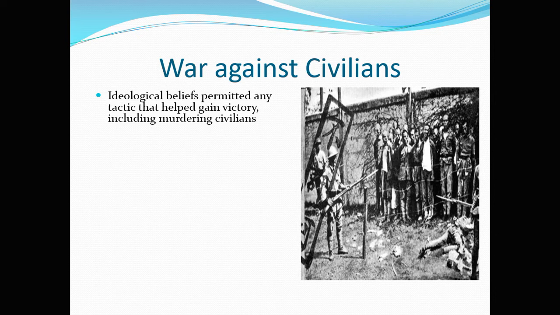From the Nazi point of view in particular, it was permissible to use mass murder of civilians towards gaining victory, and in fact for the Germans, not just gaining victory, but social engineering. The most obvious example of this, of course, is the Holocaust, which we'll talk about more in our next video. But in general, just a willingness to slaughter civilians.